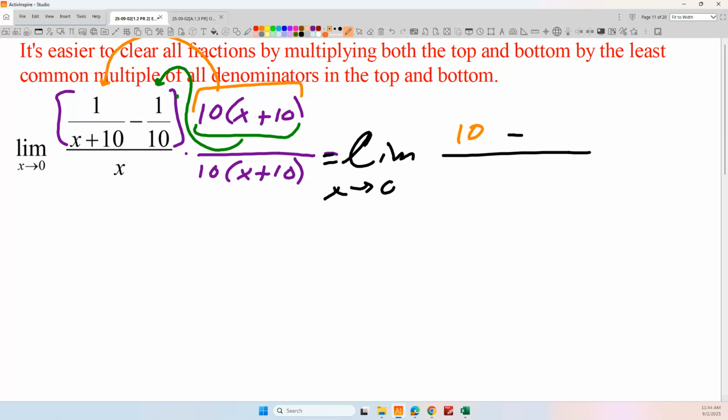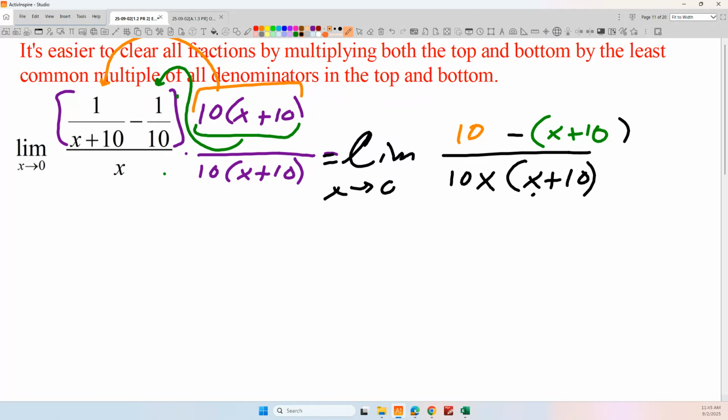What's going to cancel? The 10s, right? And I'm going to get minus the quantity x plus 10. And on the bottom, I just multiply straight across, and I just get 10x times x plus 10, right?